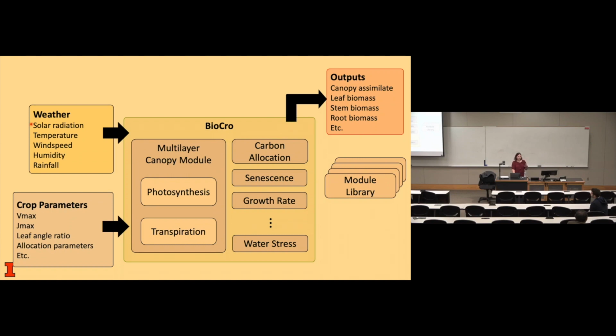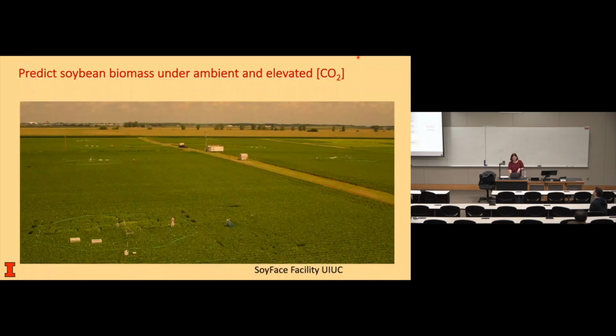You also have your weather inputs, which you simulate at an hourly time scale: solar radiation, temperature, wind speed, humidity, precipitation. Then you get a whole range of different outputs related to the biomass over the growing season or the growing period that you're simulating, and leaf area index, which is another measure of the size of the canopy, among other components.